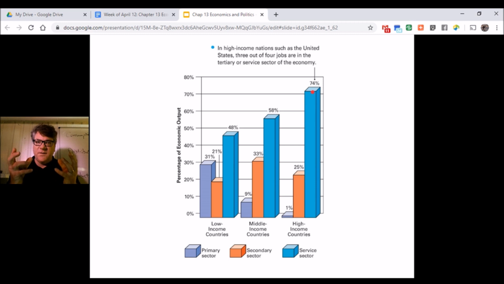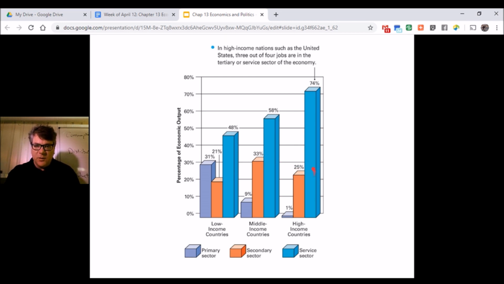Now, again, we're focused on the economy. Okay? Now, there's another pattern here. Two more patterns I want to illustrate to you. Notice that middle-income countries are more likely to have people working in the secondary sector doing industrial type work than any other category. And so that pattern goes like this, doesn't it? Do you see that?